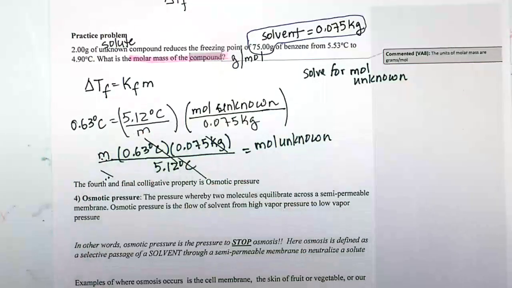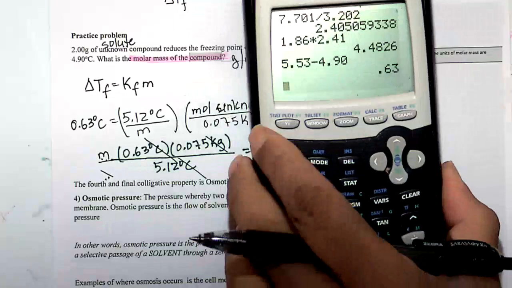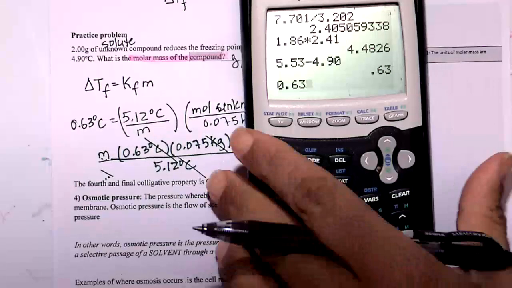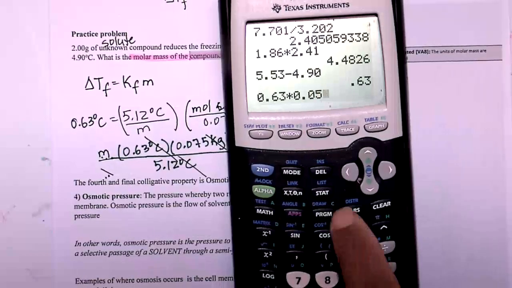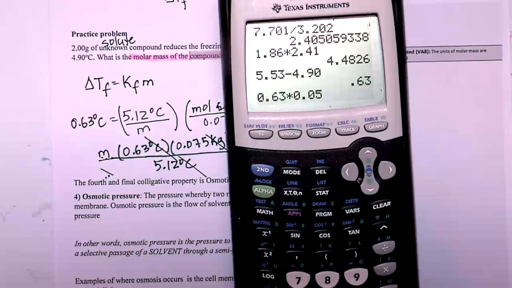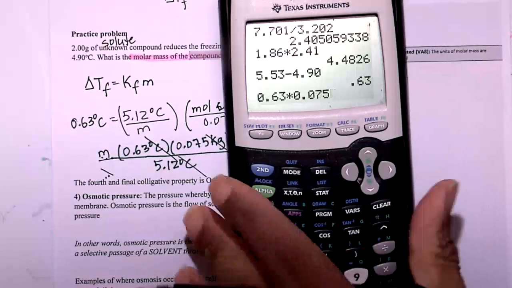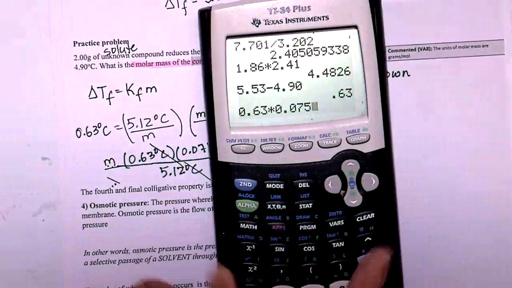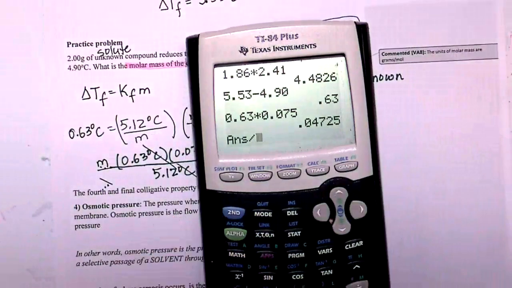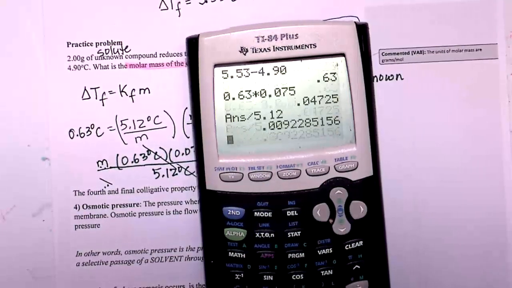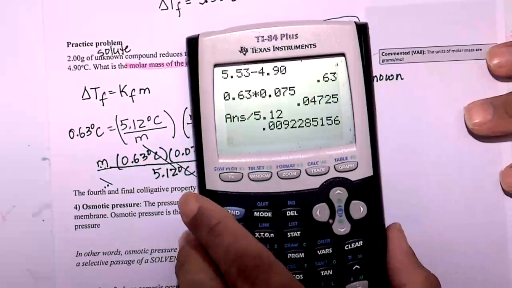0.63 times 0.075 divided by 5.12. That gives 0.00923 moles.